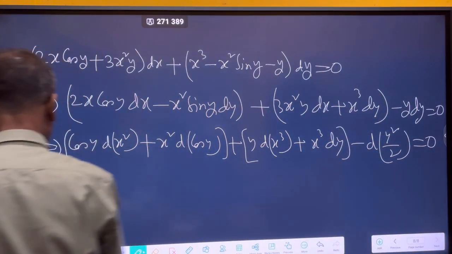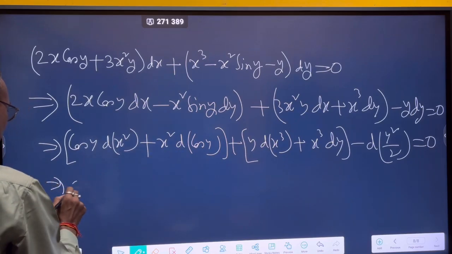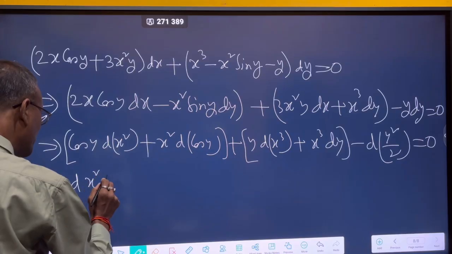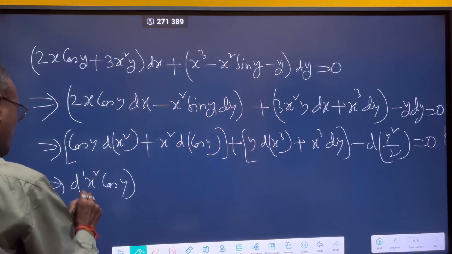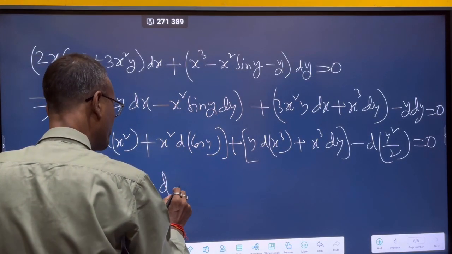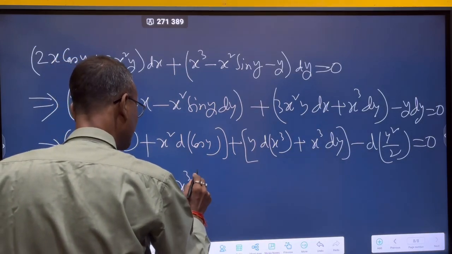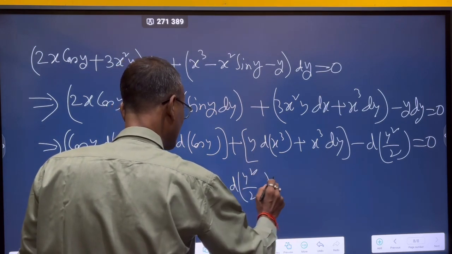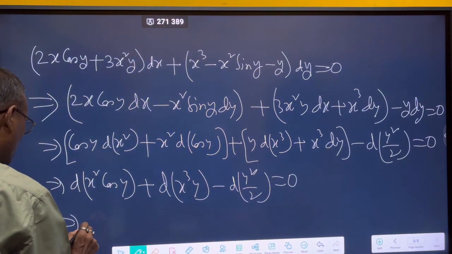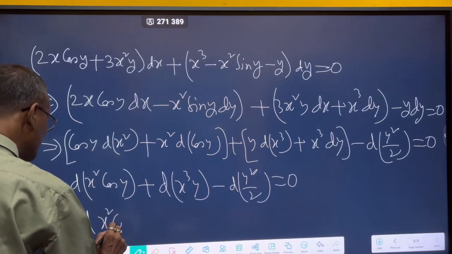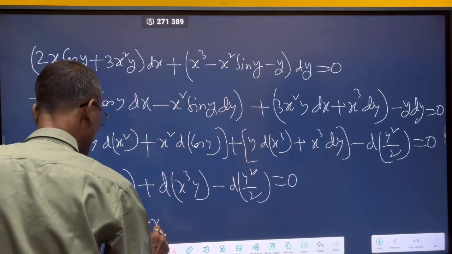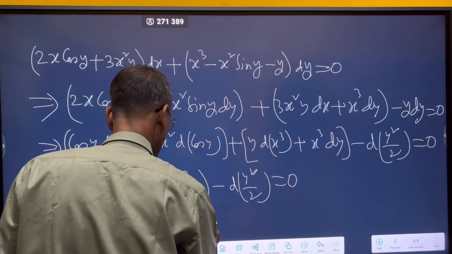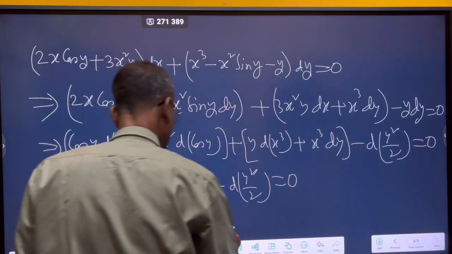So d of x square cos y plus d of x cube y minus d of y square by 2 equal to 0, or d of x square cos y plus x cube y minus y square by 2 equal to 0.